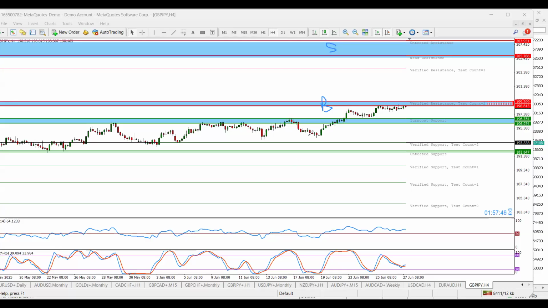If you are buying outside a support and selling outside a resistance, your trade is powerless. This is a resistance. This is a support. You are supposed to buy here and sell here. Anywhere in between these two lines, you don't have any business.